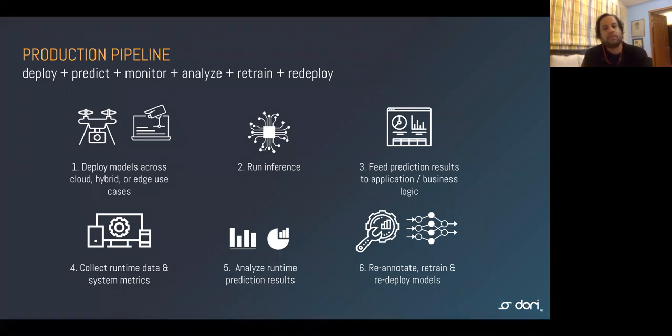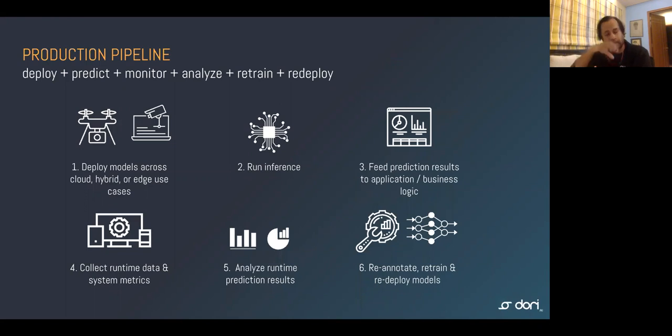And then once your inference engines are up and running, you also need to figure out how you're going to feed that to the actual application or business logic. An application is not just a model. An application has an entire set of infrastructure around it, including databases, various visualizations, and possibly various API connectors to third-party tools.